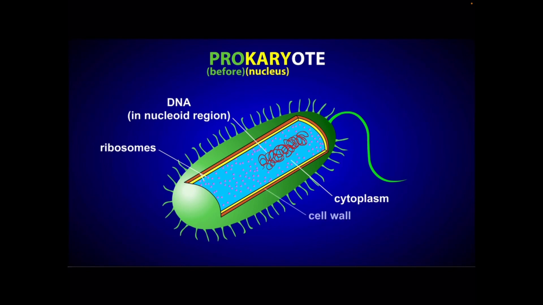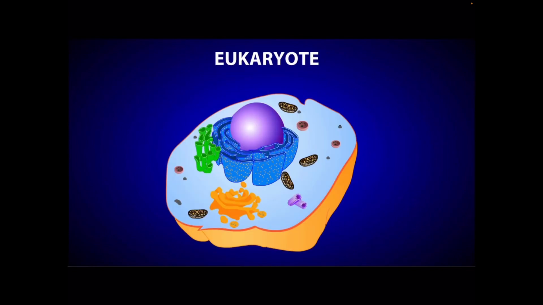Prokaryotes also have a cell wall that surrounds the plasma membrane. The composition of the cell wall depends on whether the cell is an archaean or a bacteria, but basically it consists of complex polysaccharides. Prokaryotes also often possess 1 or more flagella, which are used for movement. In contrast, eukaryotic cells contain a membrane-bound nucleus and other membrane-bound organelles.